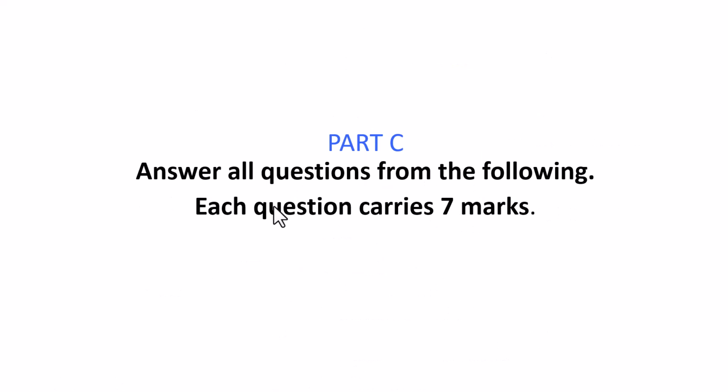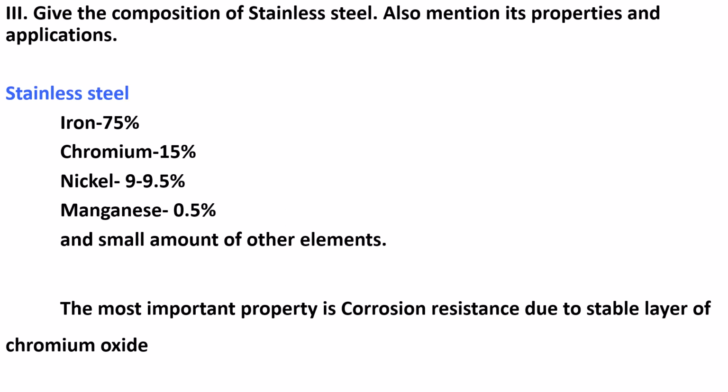Next is part C, 7 mark questions. Give the composition of stainless steel. Also mention its properties and applications. The composition of stainless steel: it consists of different materials like iron, chromium, nickel, manganese, and some other elements.